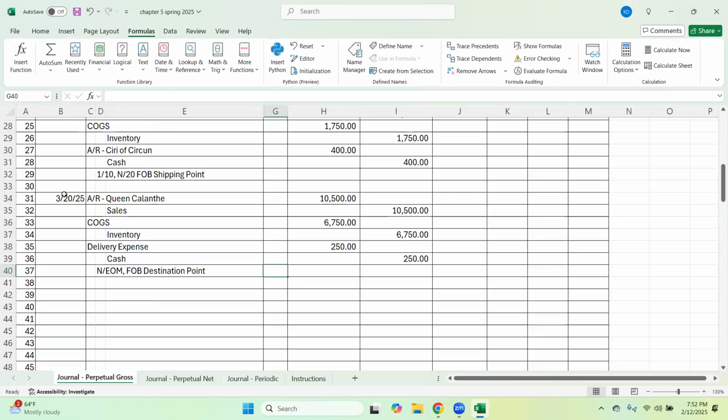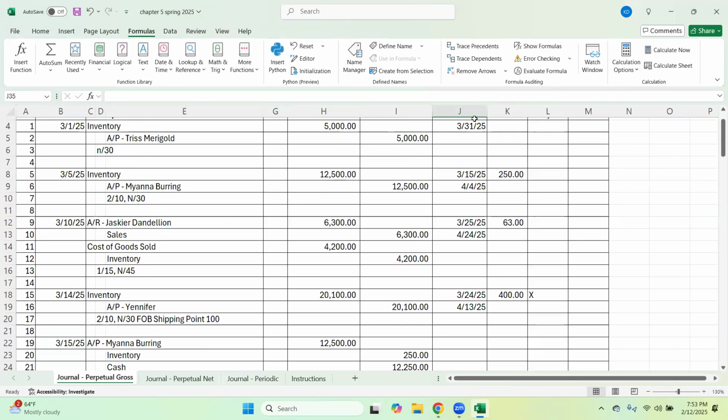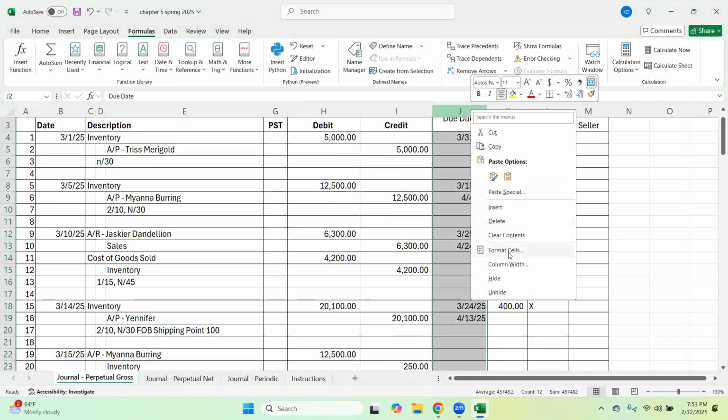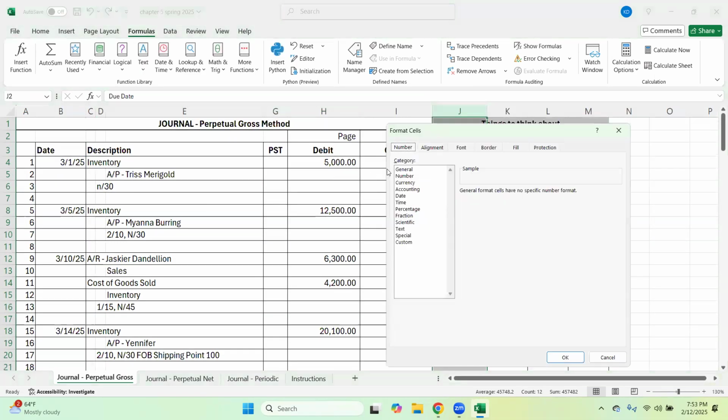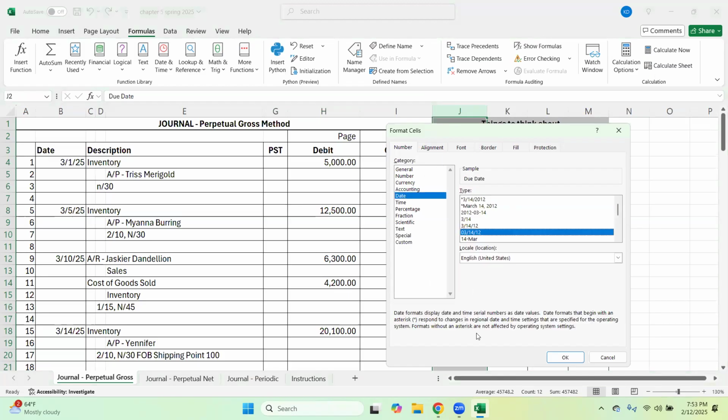What's the end of month here? We're going to make it 3/31. Okay, it's really super important for you to pay attention to that shipping point and destination. We're going to make this date, I'm going to make them all look the same because it'll drive me nuts if they're not.